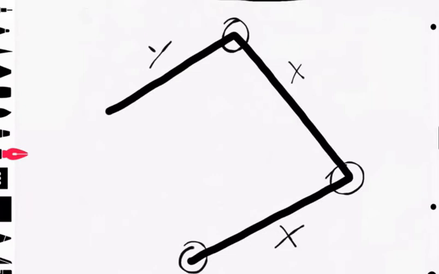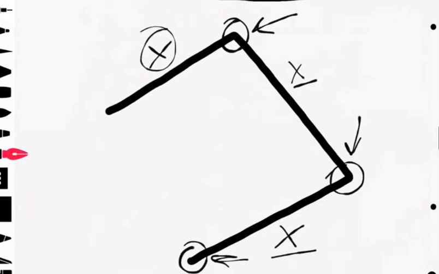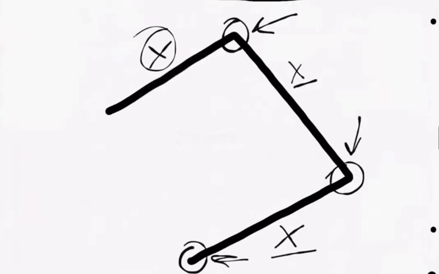We need an infinite time to reach this point, and this point. We do not need an infinite time to reach this surface here. But what about this side of the drawing?